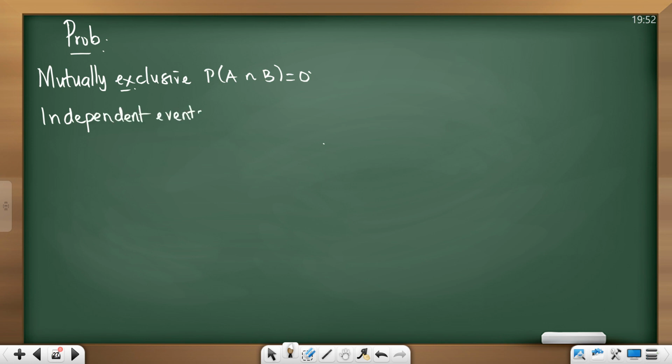Independent events. What is the formula? Probability of A and B is the probability of A times the probability of B. Now, what is the probability of A or B?